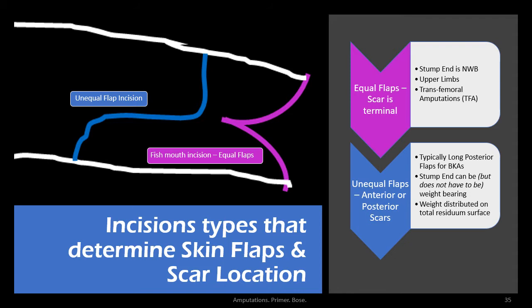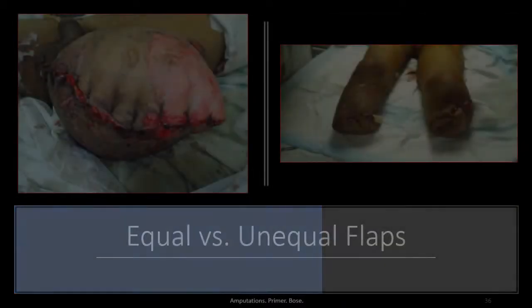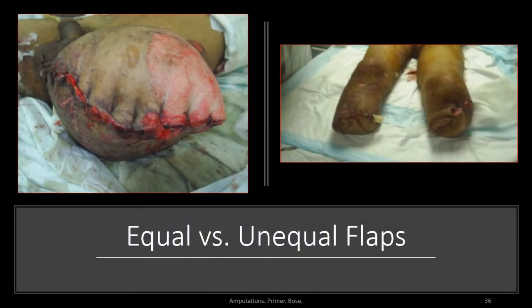However, it does not have to be an end weight bearing because weight can be distributed throughout the residuum in modern prosthetic sockets. And here are examples of both types of skin flaps. On the left, equal length flaps lead to a terminal scar. On the right, the scar is placed anteriorly by a longer posterior flap and a shorter anterior flap.